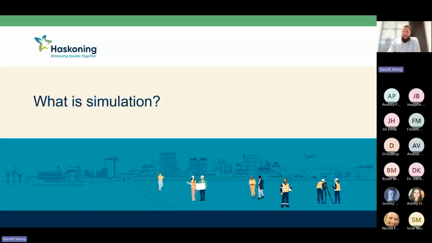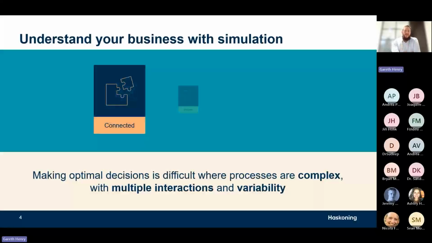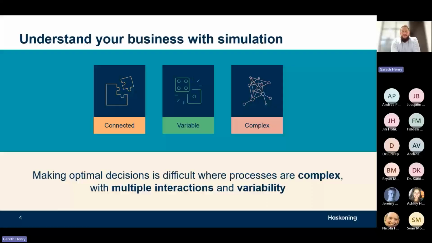It allows us to test complex, connected and variable systems, running multiple different interactions at the same time, using data to drive these models, helping us make smarter and better decisions for the future of our facilities, industry and business, helping us predict into the future, reduce the risk, optimize investment and improve stakeholder interaction.